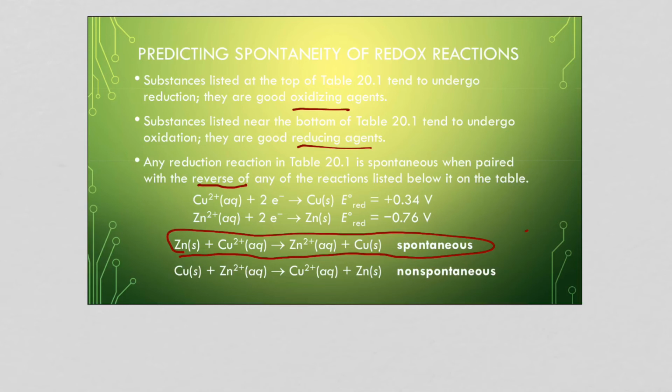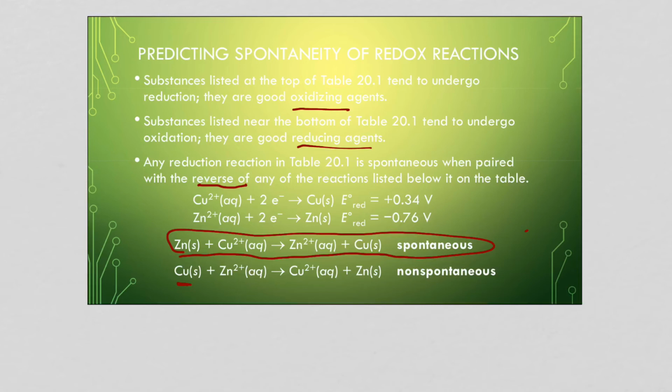Now, we saw earlier that I put a piece of zinc in our copper solution and I got this nice reaction. But you can also see that if you take a piece of copper and put it in a solution of zinc ion, nothing will happen. It's non-spontaneous, because you're asking copper to give up its electrons to undergo oxidation in the presence of zinc ions. That wouldn't happen.